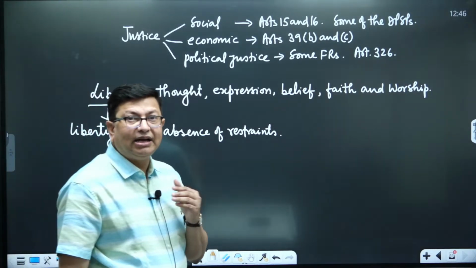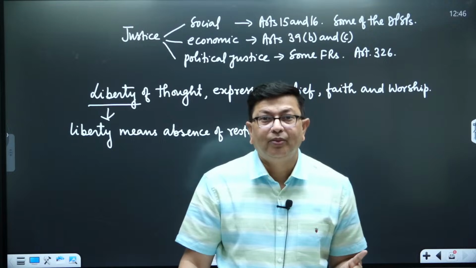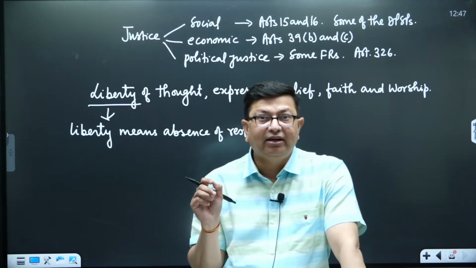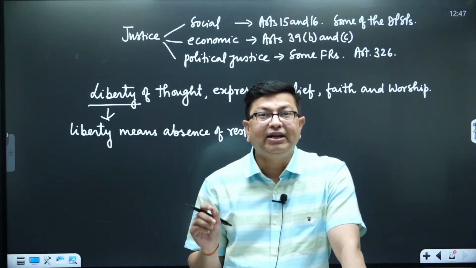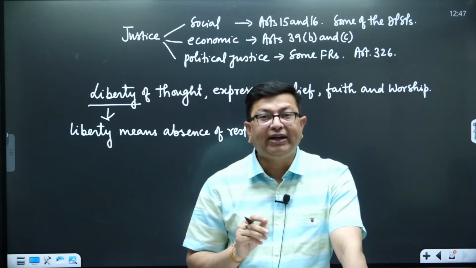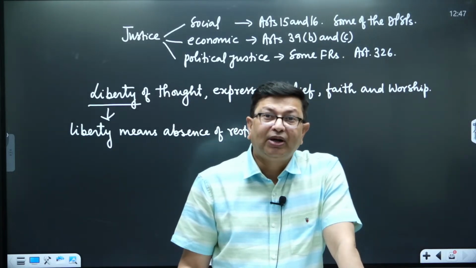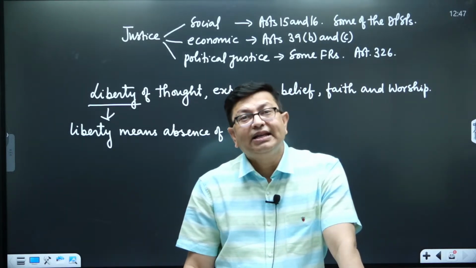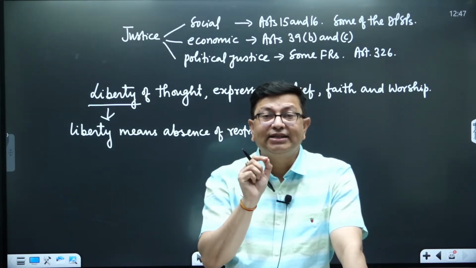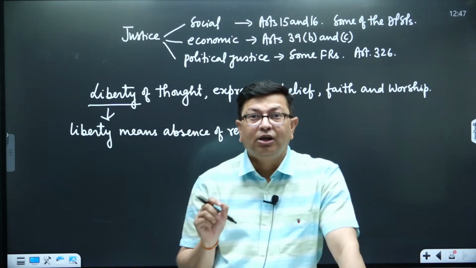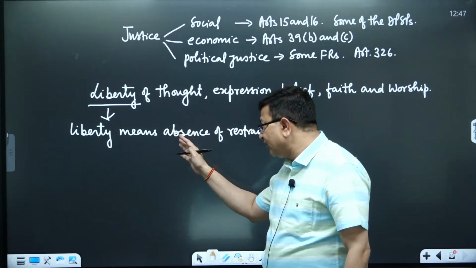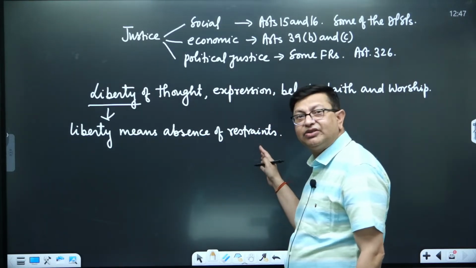Basically, the classical liberals were of this view that the state is a necessary evil. Why is the state an evil? Because the state puts restrictions on the freedom of the individual. But why is it necessary? It is necessary to have the regulatory functions, that is maintenance of law and order. So this is one of the meanings: liberty means absence of restraints.